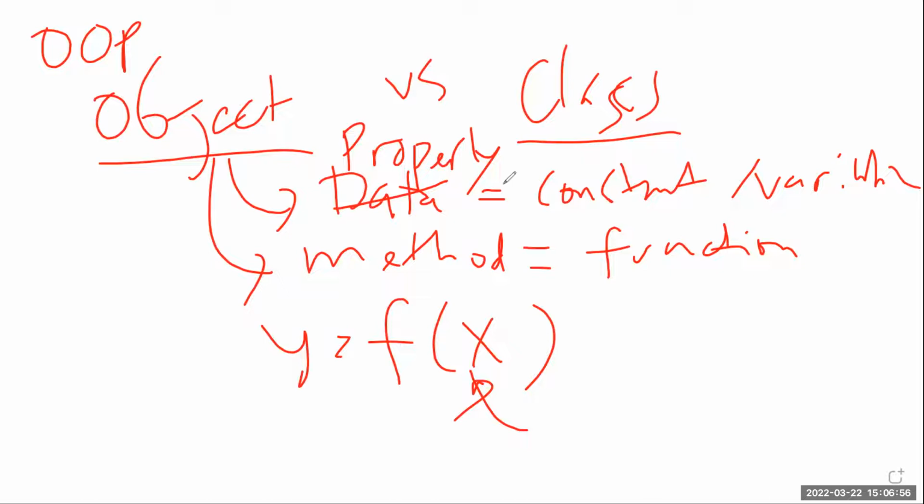You have many functions, you have many data. You can put them together into one module. That module is called object. The design of that object is called class. Clear or not? As simple as that. Without this understanding, you will start to confuse yourself with all the terminology later on.